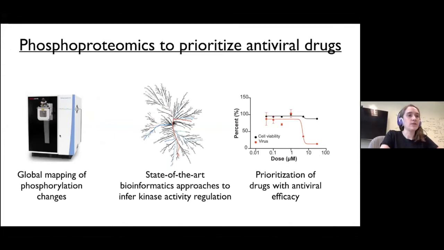And then we take the differentially regulated phosphorylation sites that we find, use state-of-the-art bioinformatics approaches to translate those phosphorylation site changes into kinase activity regulation, and then use that information, since there are many drugs targeting kinases, to prioritize drugs that might have antiviral efficacy for SARS-CoV-2 infection. So that's the premise of the work that I'm going to be presenting to you today.